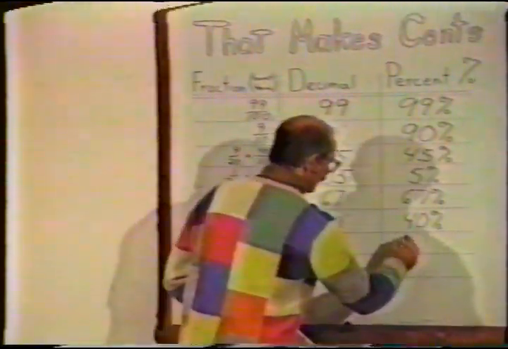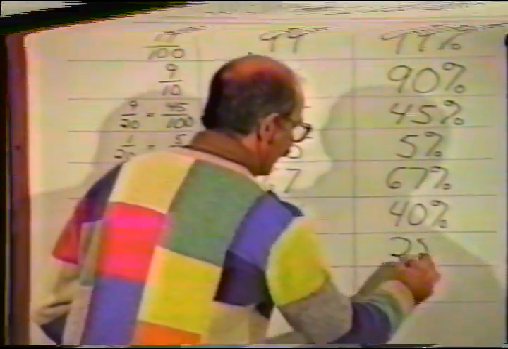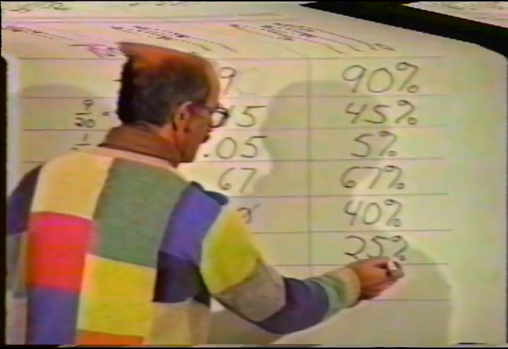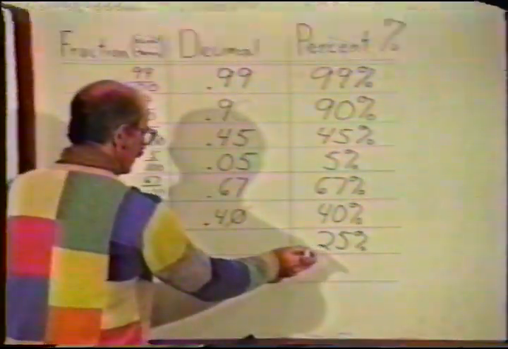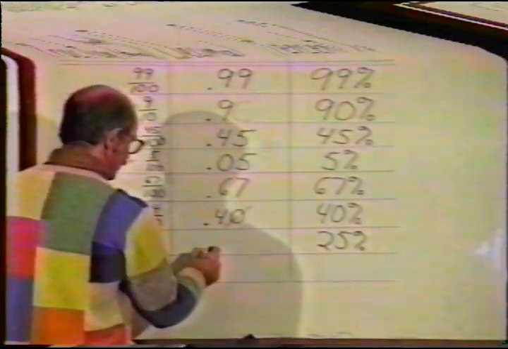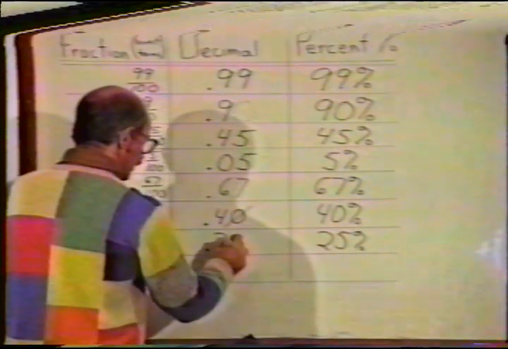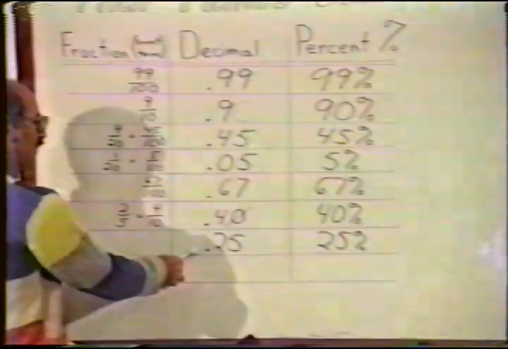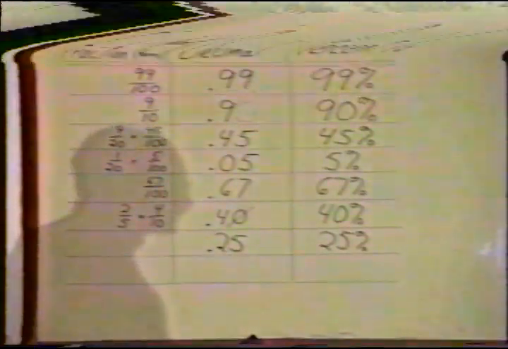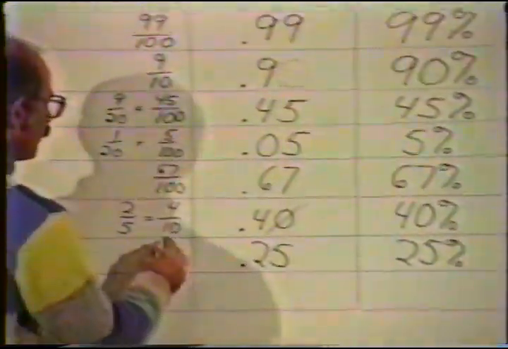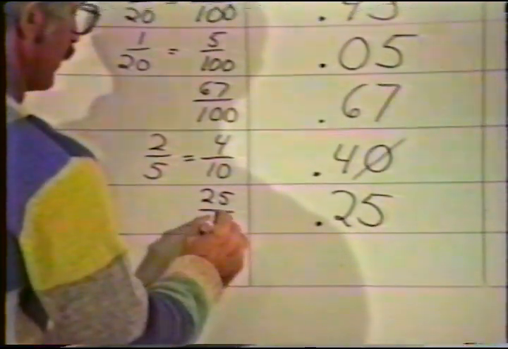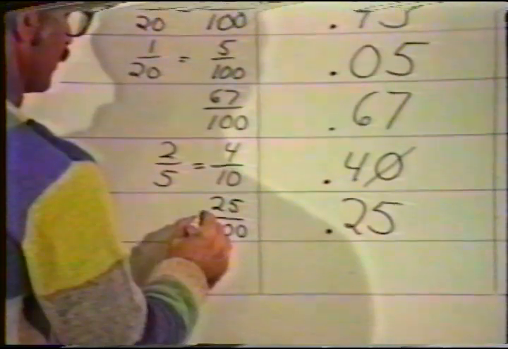The next one, 25%. We move the decimal point 2 places to the left and we take off the percent sign. As a decimal, this number is read 25 hundredths, which we can read as 25 hundredths as a fraction.